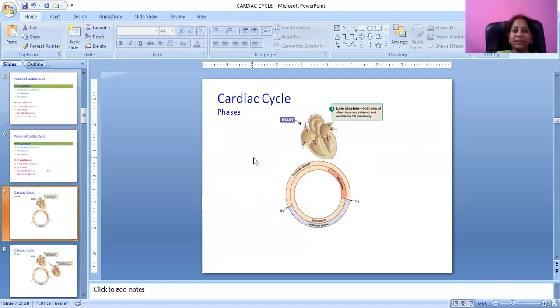First, taking the starting point, late diastole: both sets of chambers are relaxed. That means atria and ventricles are relaxed and the ventricles fill passively.